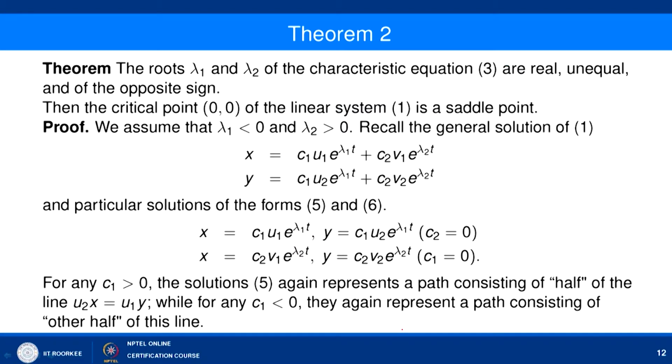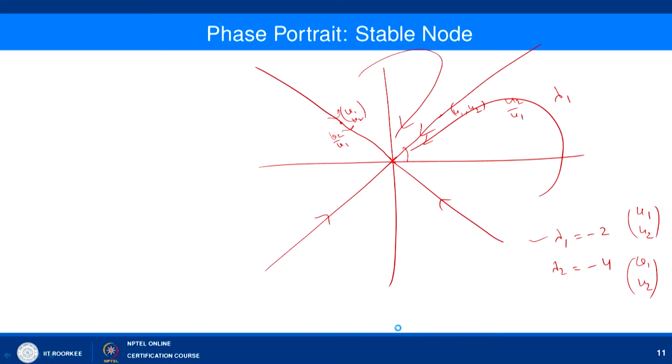Now, consider the next theorem, theorem 2. Here the roots lambda 1 and lambda 2 of the characteristic equation 3 are real, unequal and of opposite sign. Now, one more thing which I missed in the previous lecture: what happens if lambda 1 and lambda 2 are both real, unequal but positive? In that case the only difference is that the sign will be reversed, because 0 comma 0 is a repulsive point.